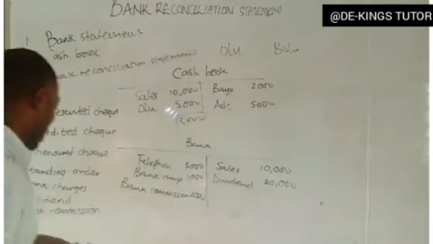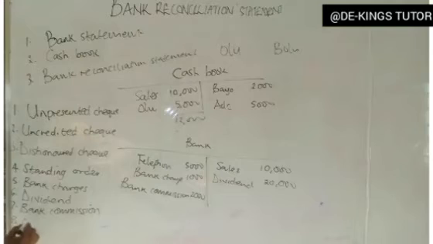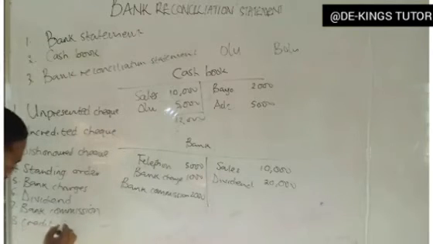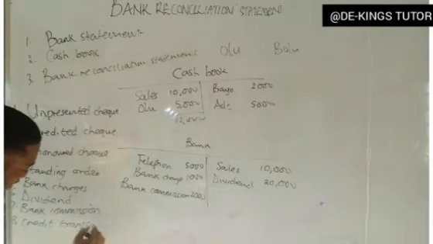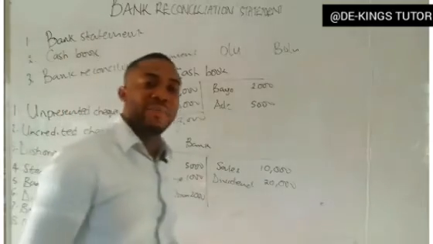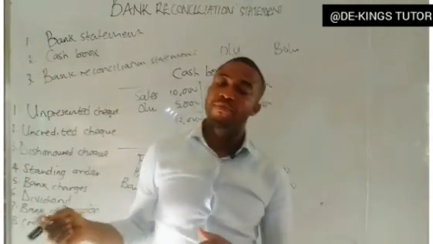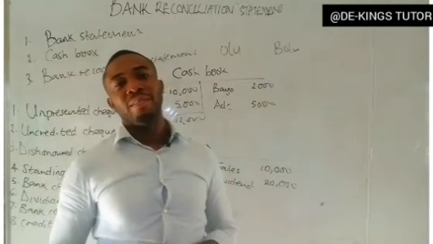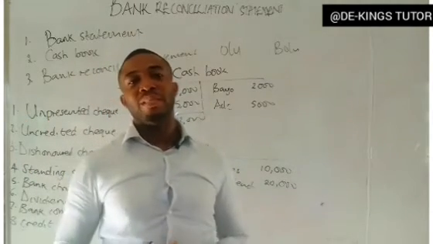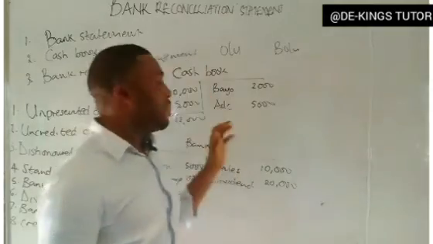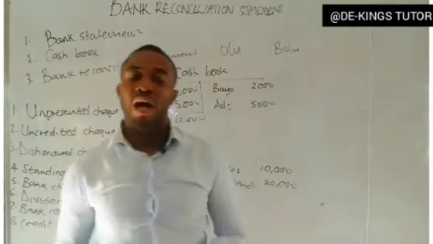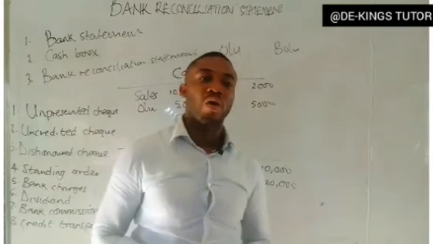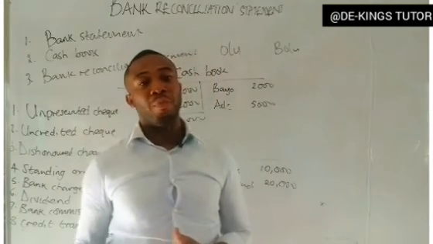So the bank account will be showing a lesser balance than the cash book. Okay. So another one is the credit transfer. The credit transfer is money paid by a customer directly into the bank account of the businessman without notifying the businessman. For instance, the businessman sold on credit to a customer, and the customer promised to pay later.